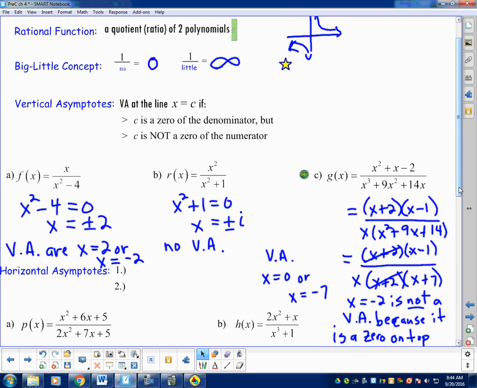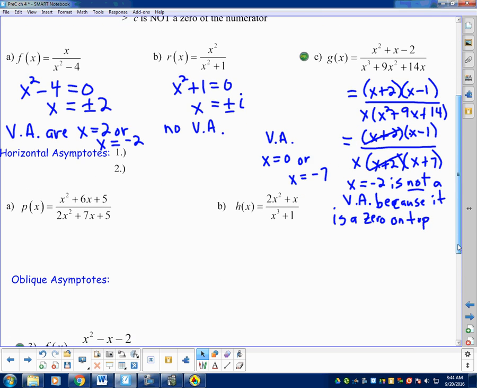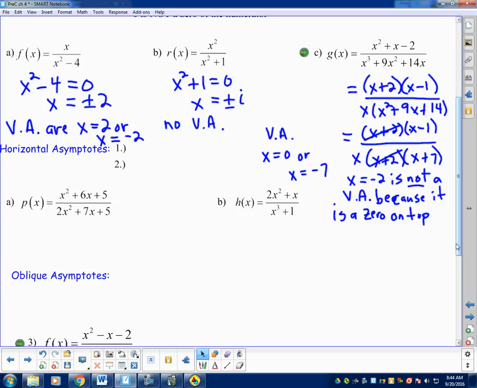Right. So if it's a 0 in the bottom and also a 0 in the top, then it's not a vertical asymptote. It's what we call a hole. All right. Move all this stuff over.